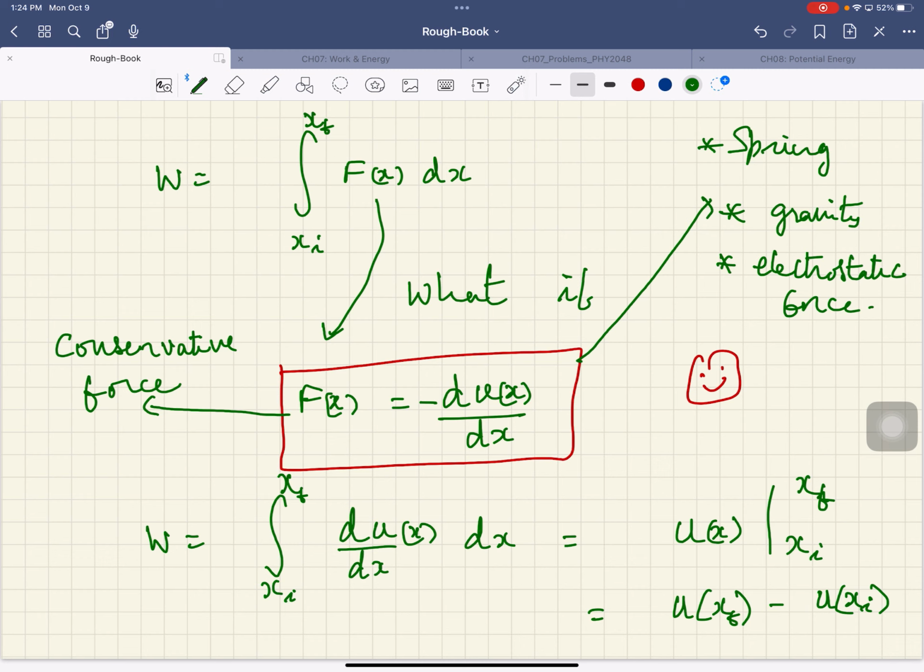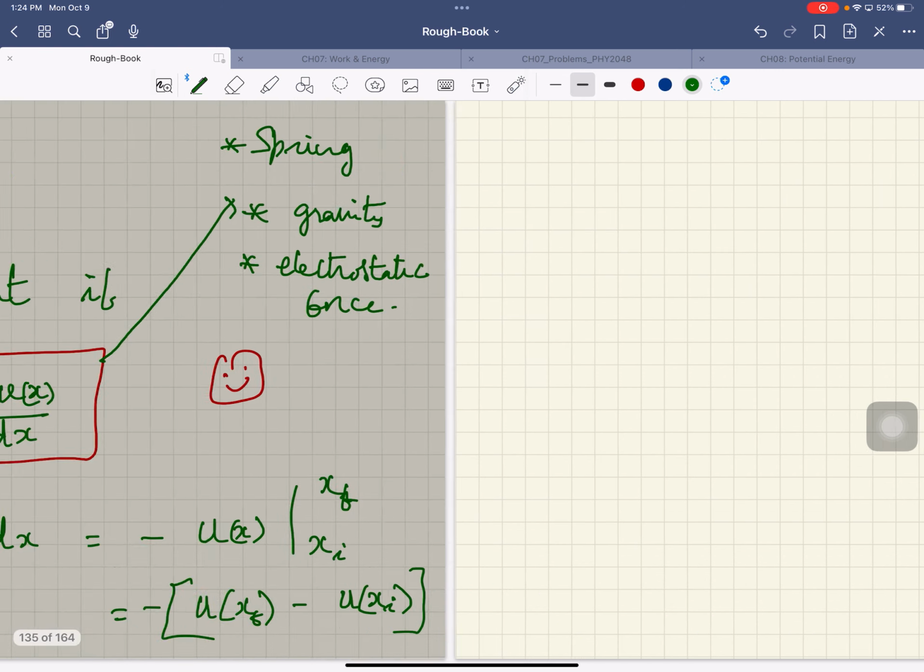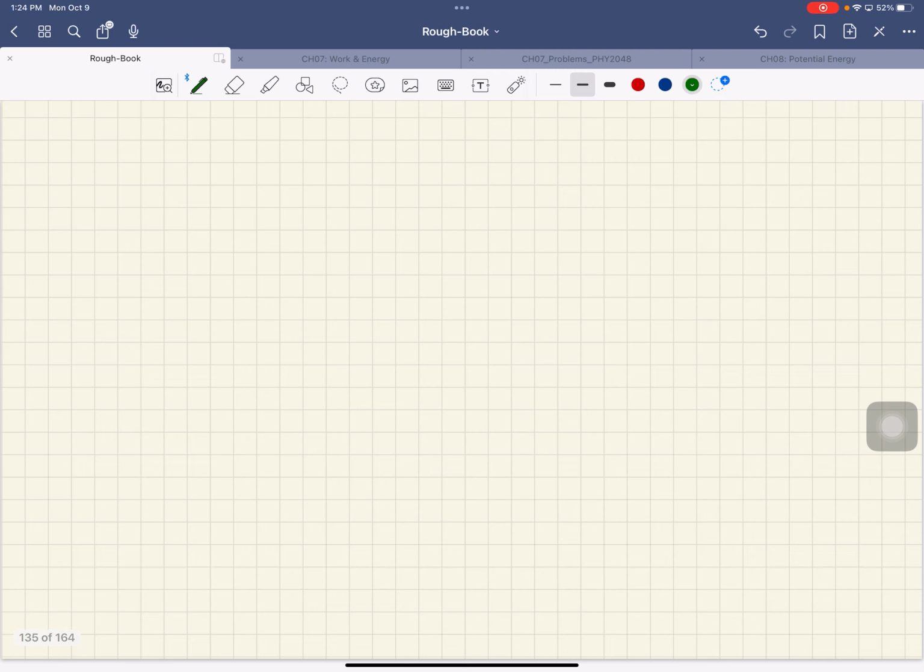So we'll say your force is minus du by dx. So there is a negative sign there. All right. Let me show the example of the spring force. What is the spring force?